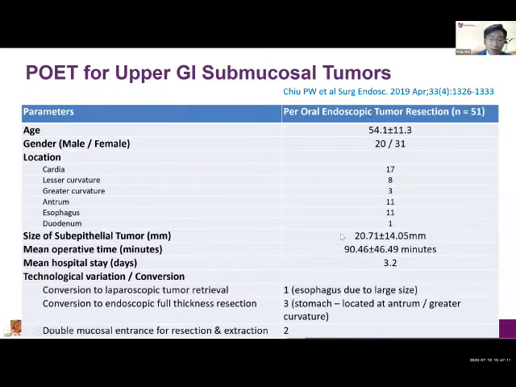Size of the submucosal tumor is usually 20 mm, and the operative time is 90 minutes. Some cases required conversion to laparoscopic surgery for retrieval because the size was too large. There were 3 cases that I needed to convert to full thickness resection, and 2 cases that required a double entrance and extraction site.